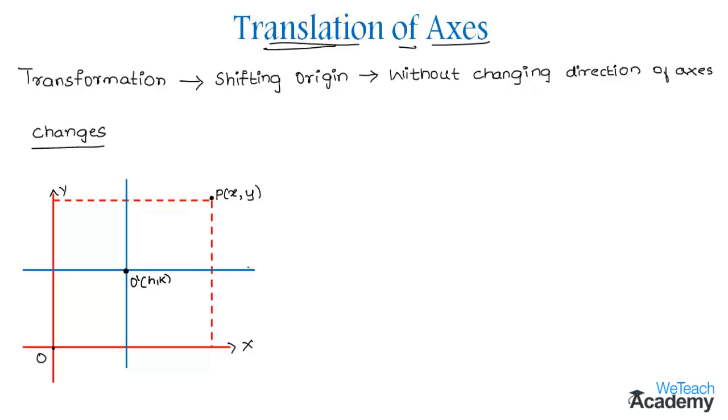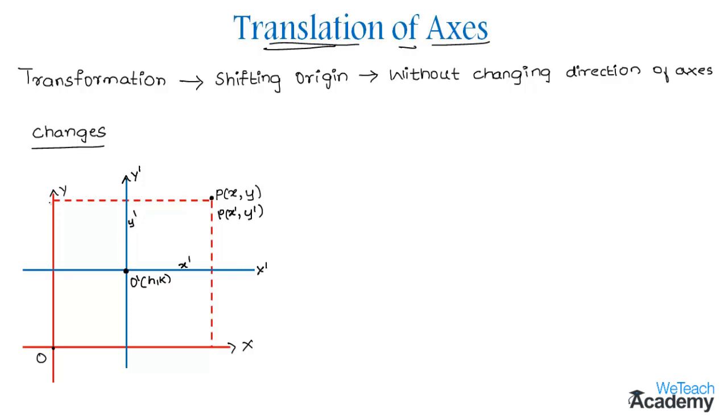Then we get the new axes, x dash and y dash, and the coordinates of point P in the new axis will be P, x dash, y dash.